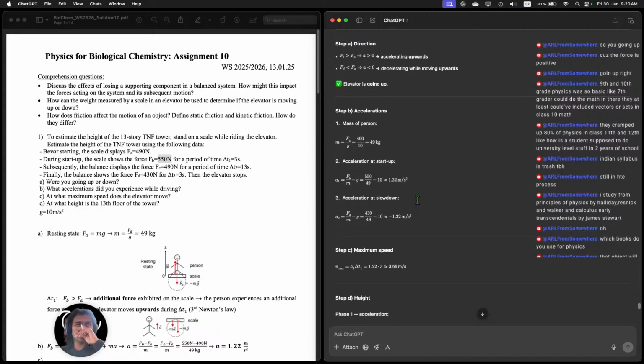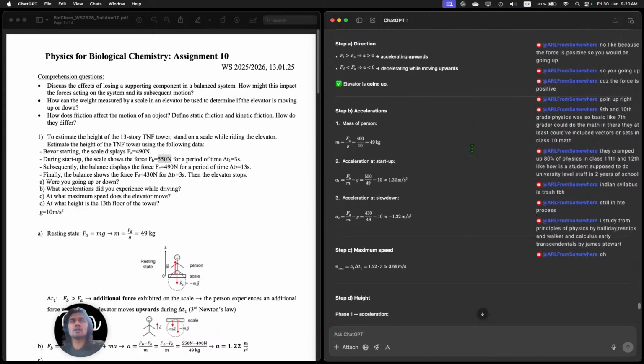I'm pretty confused on the minus. F equals M into G plus A. Okay. G plus A. Because the force is positive, you would be going up.